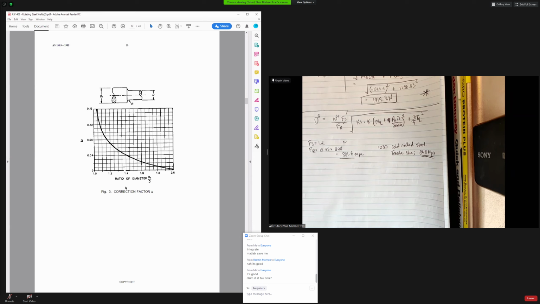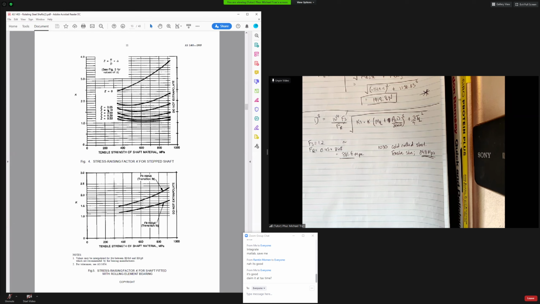So you would find out what radius you have, find your correction factor, take it to the next page to find your Z, compare it with your tensile strength, and then you'll eventually get a K value. So you would plug that in, find out which line you've got, and you would start off around there because your tensile strength is 850, and then go left, and that would be that.